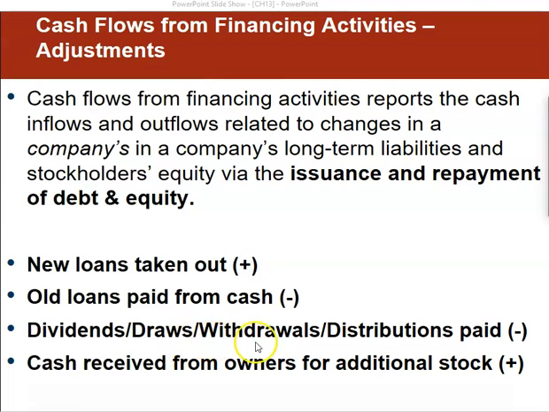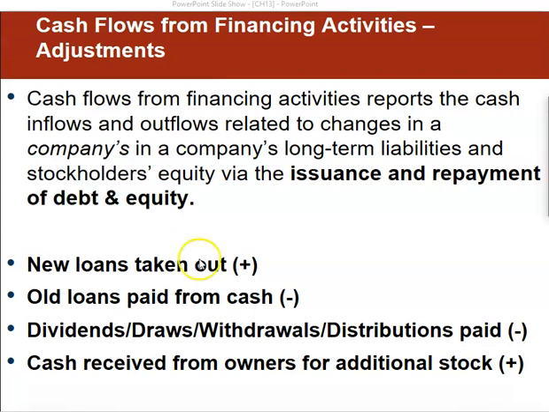Dividends, draws, withdrawals, distributions, these are all the exact same thing. The proper term is dividends, but you may hear these other terms. When we're paying these out in cash, that's a negative. Should make sense. Cash received from owners for additional stock. This is really the same thing as the issuance of equity, stock equity.